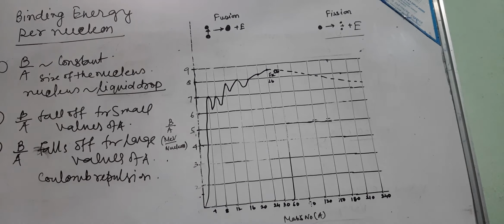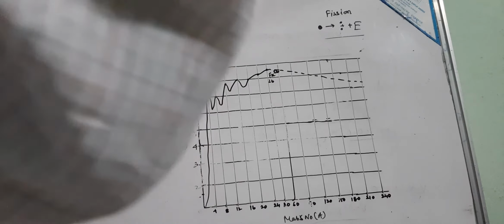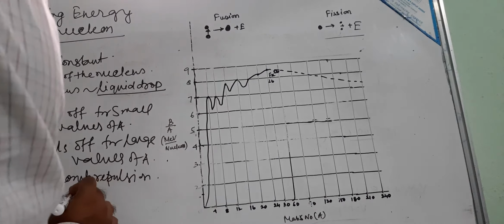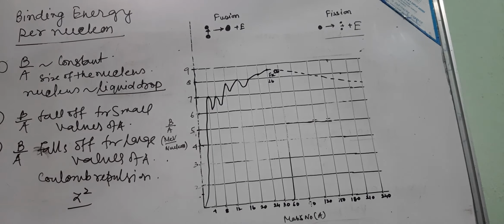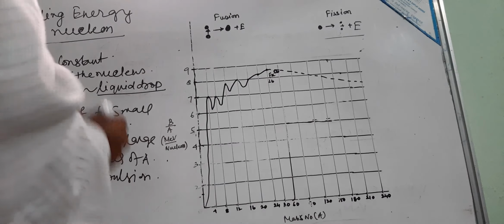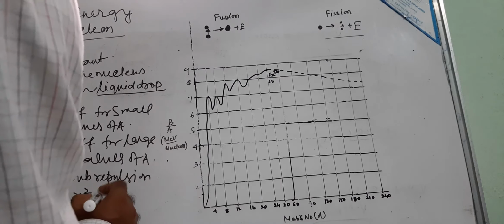As you know, Coulomb repulsion increases with Z square, Z being the charge of the proton, and Z square increases faster than A square.